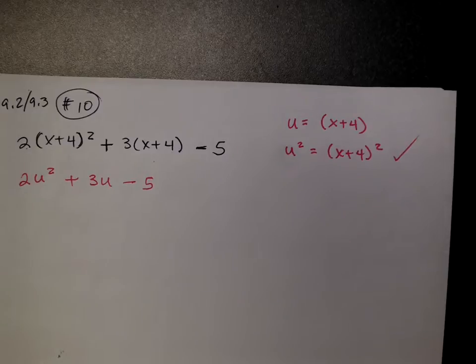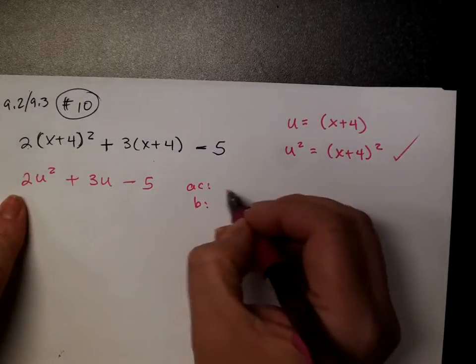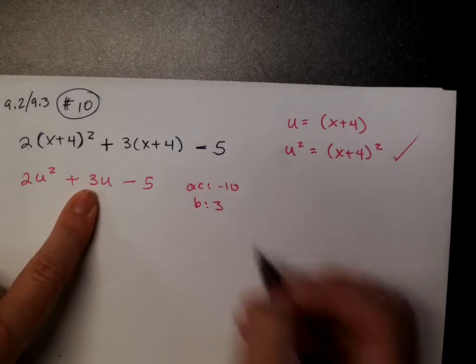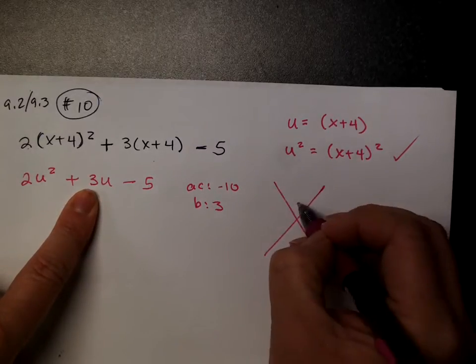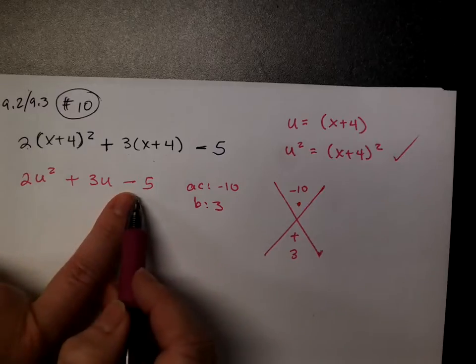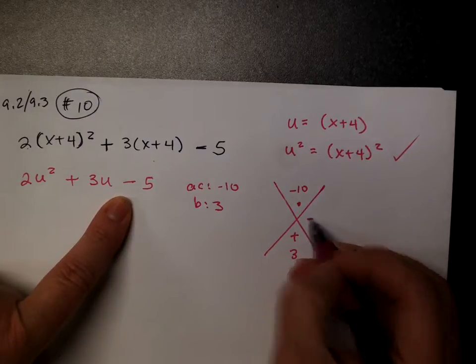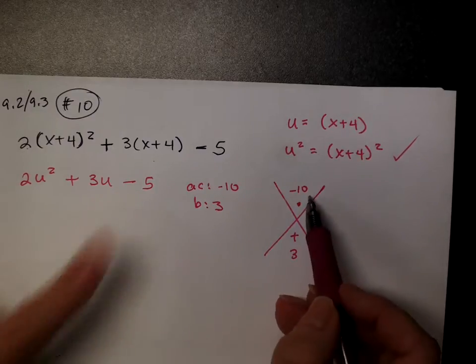Now I can look at that and go, oh, that's an a not equal to 1 trinomial. At least the numbers are pretty manageable. I can probably get away with not using my calculator here. My AC is -10, and my B is 3. My sign pattern is 2 pluses, 2 minuses, or a mix? Mix, so I've got 1 plus and 1 minus. There aren't many factor pairs of 10.